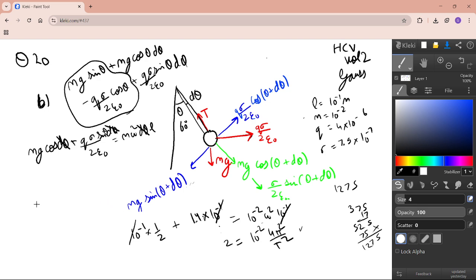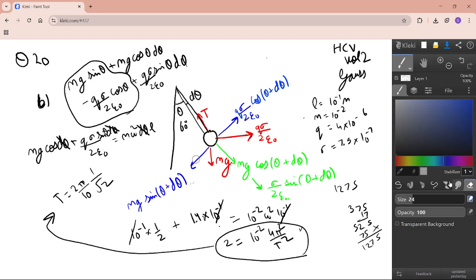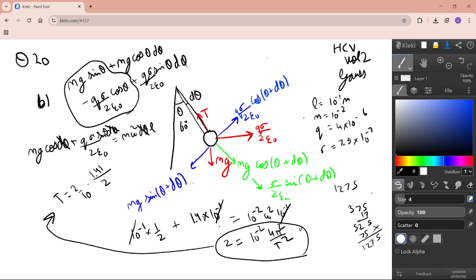So T is equal to 2 pi root of 10 power minus 2 over 10 power minus 1, 1 by root 2, that is root 2 by 2. That's 1.41 by 2. Now pi is 3. For engineers, it's 3.